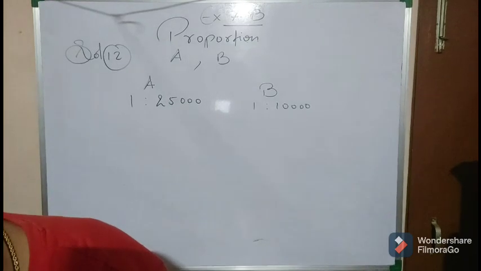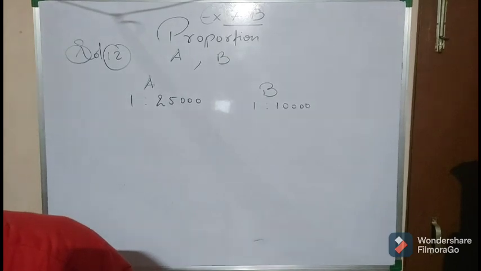Now it's saying that on map B the distance between town X and town Y is 16 centimeters.